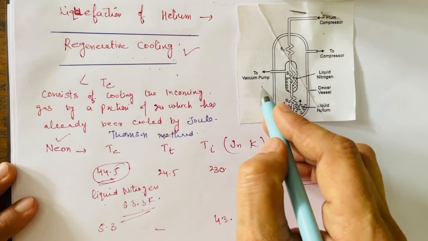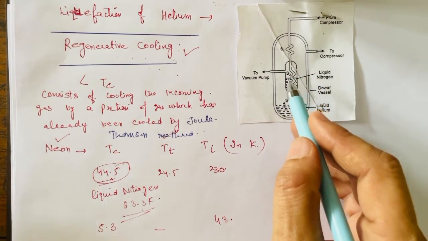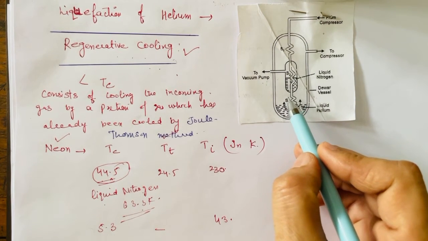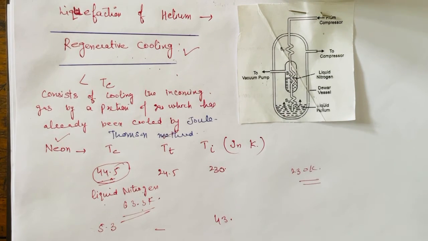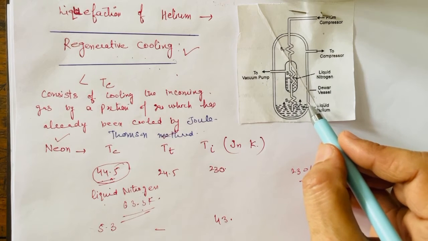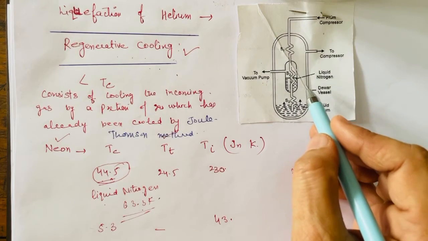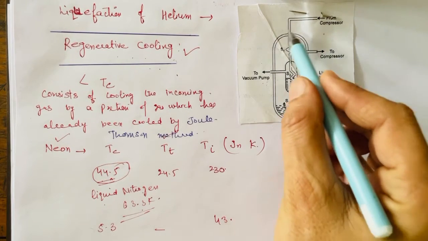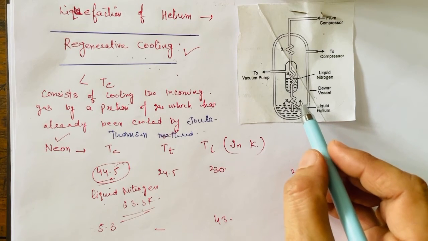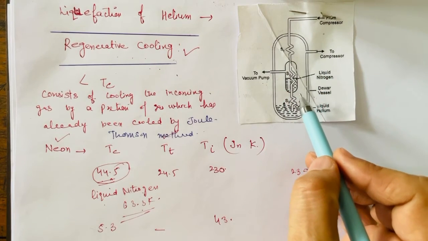Go to this diagram, the liquefaction of helium. Onnes used regenerative Joule-Thomson cooling to liquefy helium gas. This is the experimental setup, and the principle used in this method can be easily understood from this diagram.